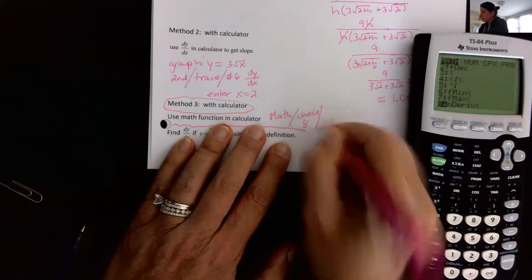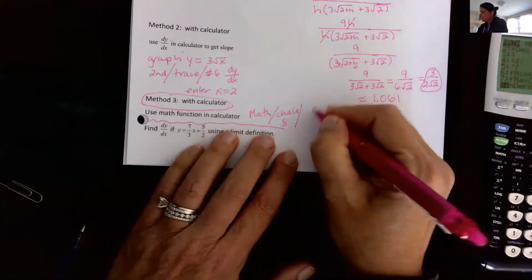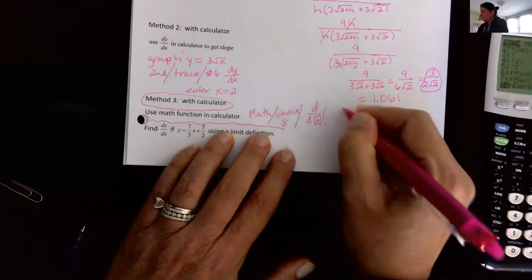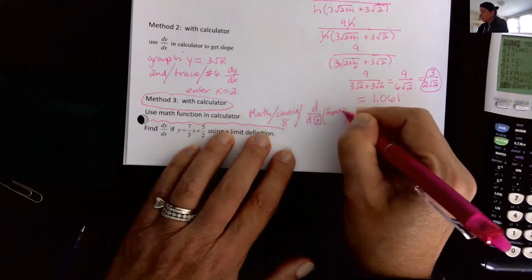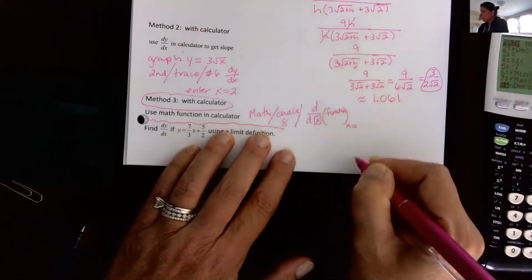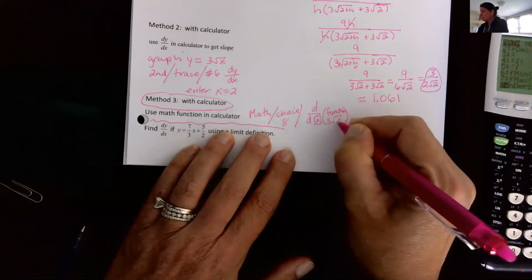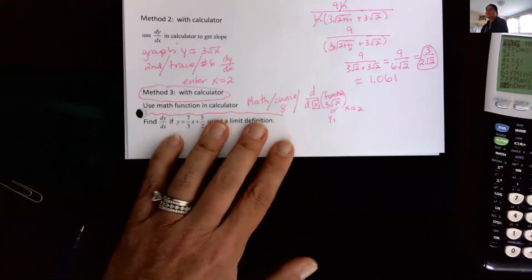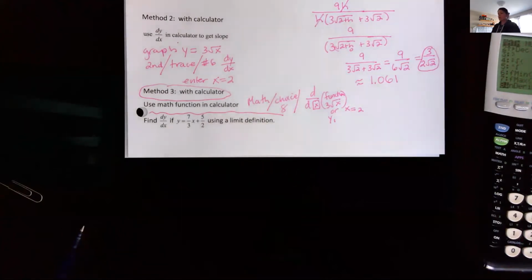Choice 8. And you want to do d dx, function, and then x equals, so this would be our 3 root x, or y1, and x equals 2 there, okay? All right.